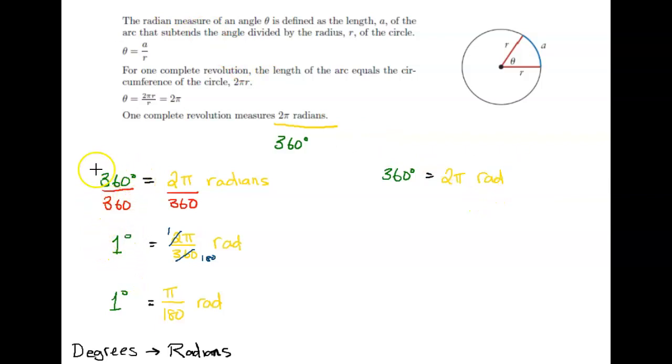In order to get this 360 to equal our unit rate of 1, we divided by the very number that we have, 360. I'm going to do the exact same thing here because 2 pi is really just a number, the same way that 360 is just a number. So if I want to find the unit rate, or 1 single radian, I'm going to divide both sides by this very number, 2 pi.